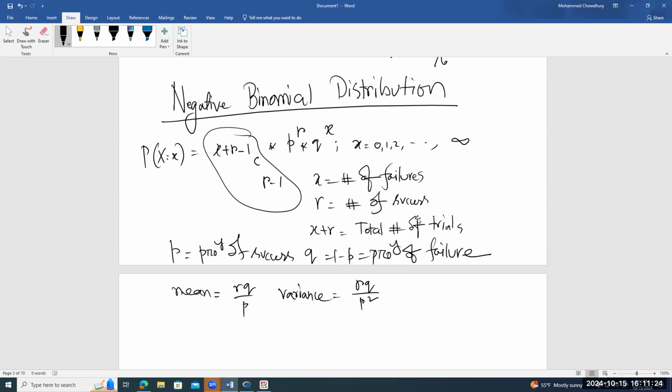So total number of trials is fixed and also number of successes is fixed. That is what you are finding. This is called the binomial. And geometric, you are looking for only one success. On the other hand, negative binomial, you are looking for a specific number of successes.